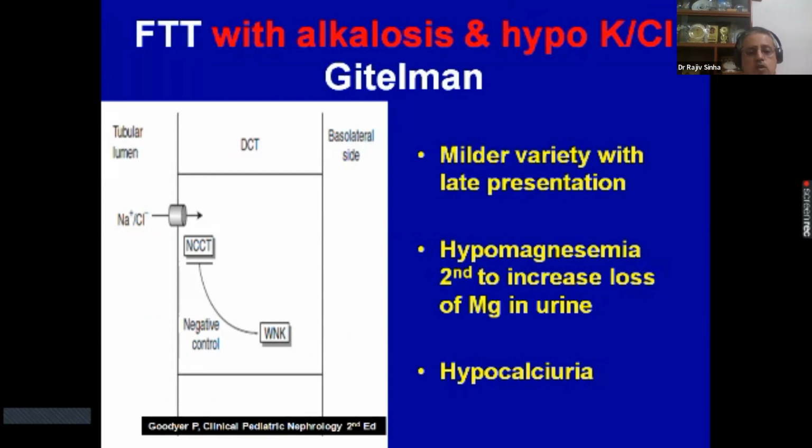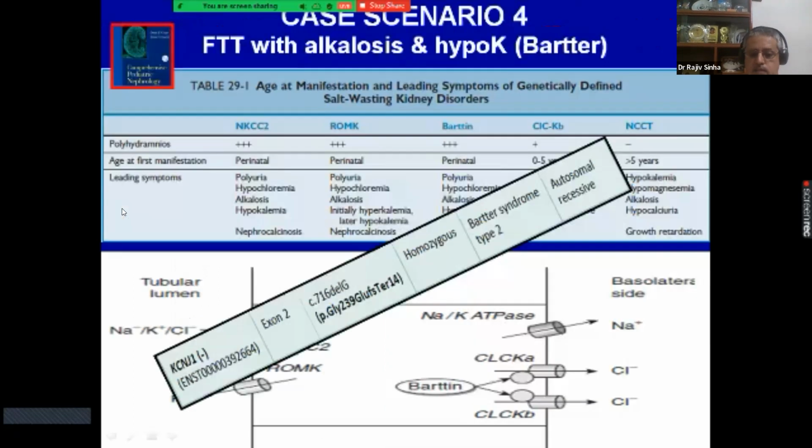So, although as was just mentioned you can have a lot of overlap between Bartter and Gitelman, at least for postgraduate teaching, at least till MD, I think we can say that if you are having a hypokalemic alkalosis and your magnesium is low and you are having hypocalciuria, you should most probably be thinking of Gitelman. Gitelman is because of the mutation in the sodium chloride channel.